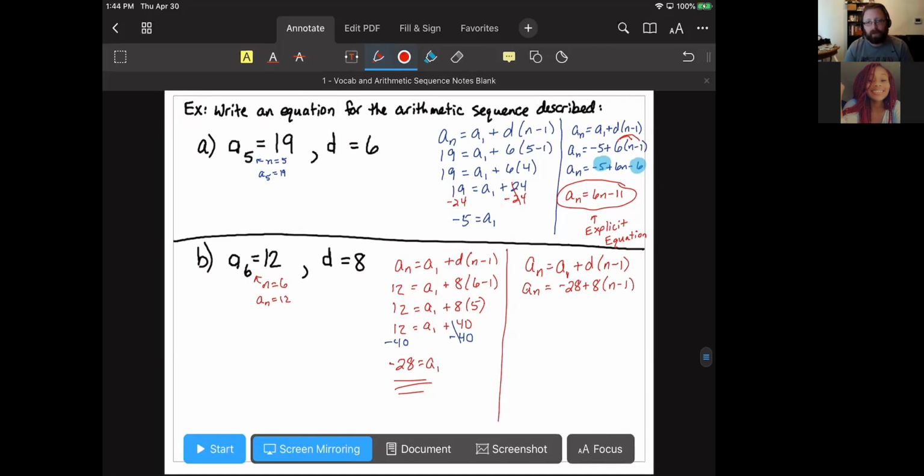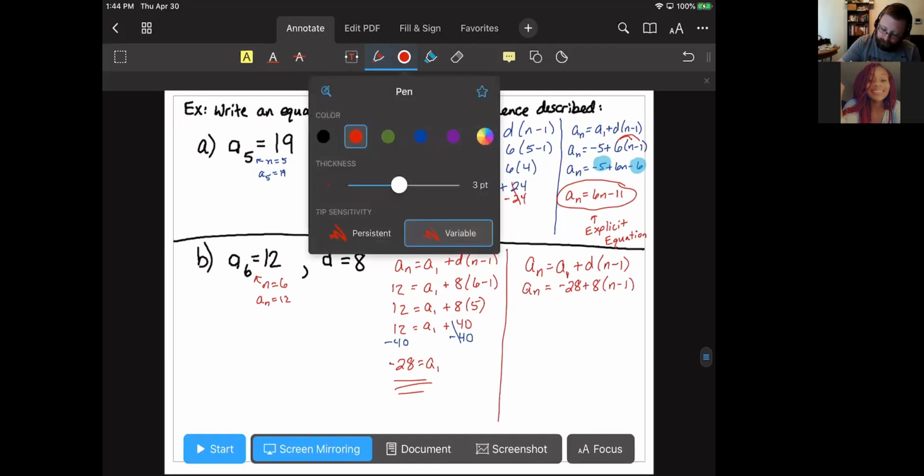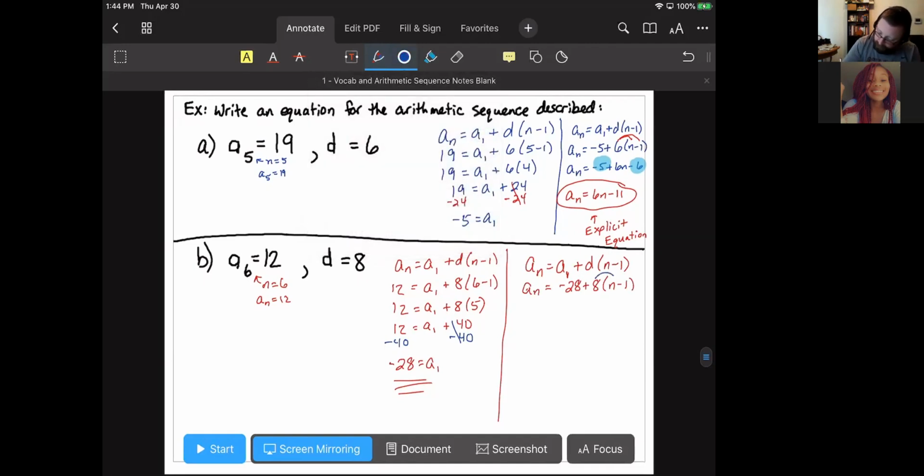Okay? Distribute the 8. So a sub n would be negative 28 plus 8n minus 8. Combine like terms. A sub n is 8n minus 36.